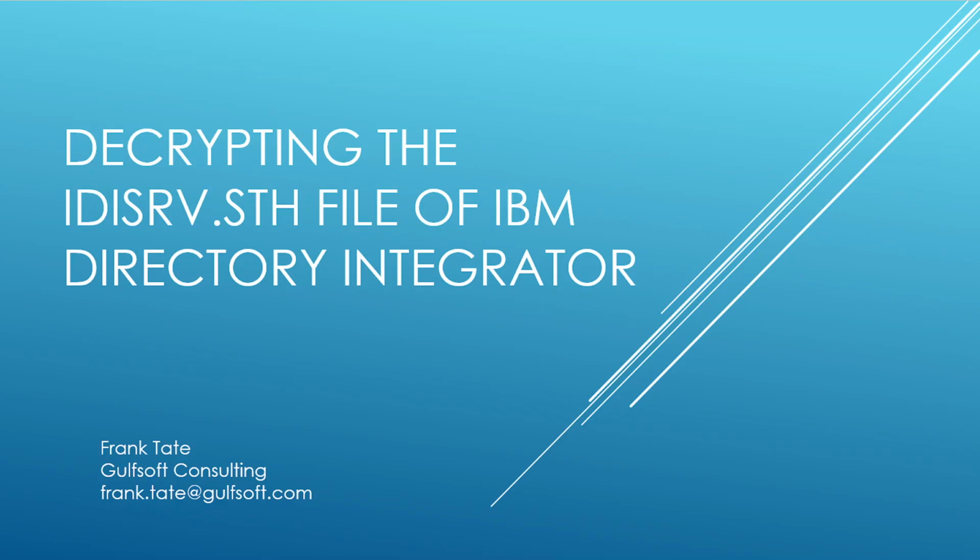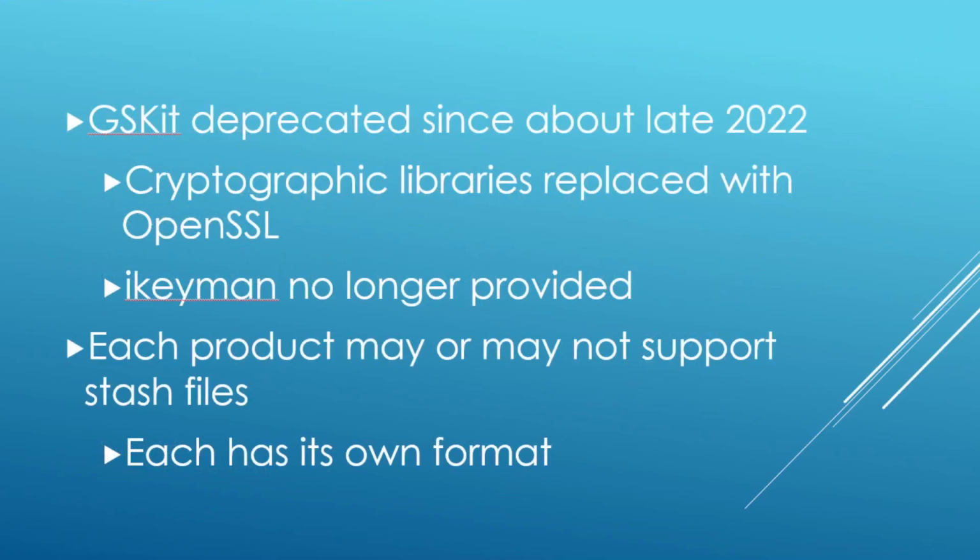So there's a little bit of background here. Previously, the GS kit, the IBM GS kit that included iKeyman was included with IDI. But since about late 2022, the GS kit was deprecated, I believe just to avoid having to keep up with vulnerabilities.